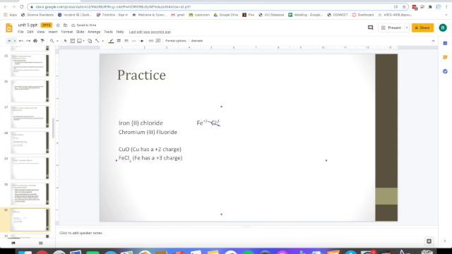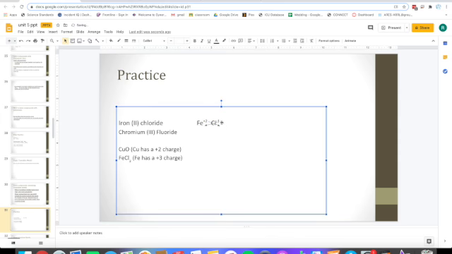That 1 is going to go to Fe. So that would be FeCl2. The reason why that has a 2 is it got the 2 from the Fe, and then the Fe doesn't have a 1 because it got the 1 from the Cl.